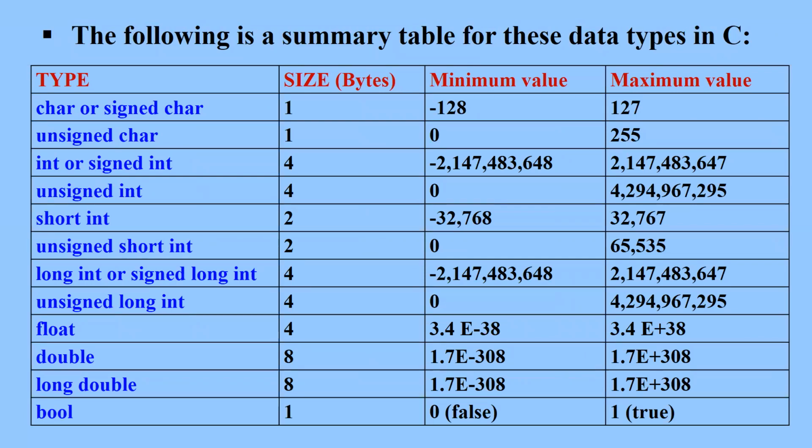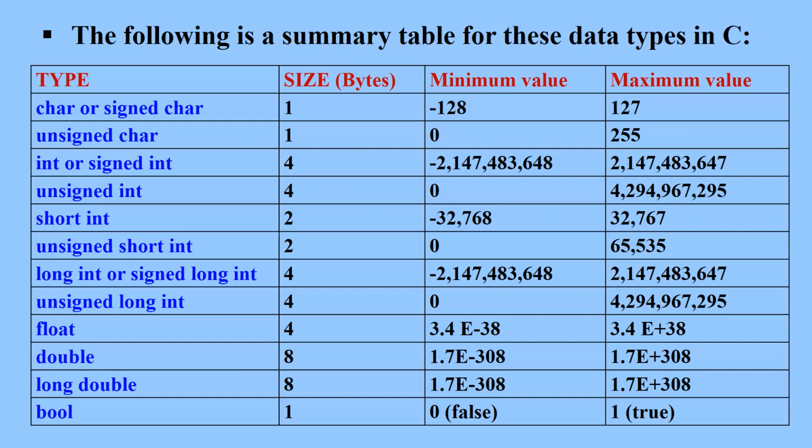It can accommodate negative 2,147,483,648 and the maximum value of 2,147,483,647. Unsigned int is of size 4, but it does not accommodate any negative value. So the minimum value is 0 and the maximum value is 4,294,967,295.